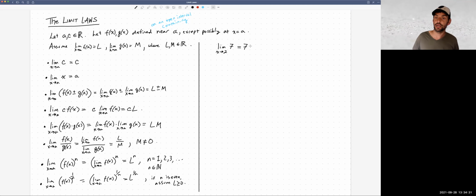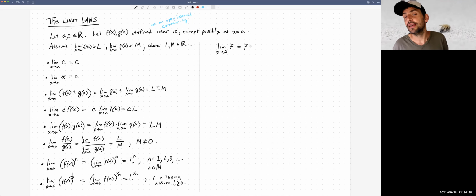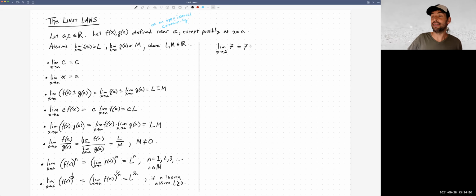It does nothing, right? Or another way to say that is I can make 7 as close as I want to 7 by taking x close to 2, which is true. If I make x any value near 2, and in this case near can be infinitely far away, which is a strange thing to say, 7 is still 7, right? It's still close to 7.